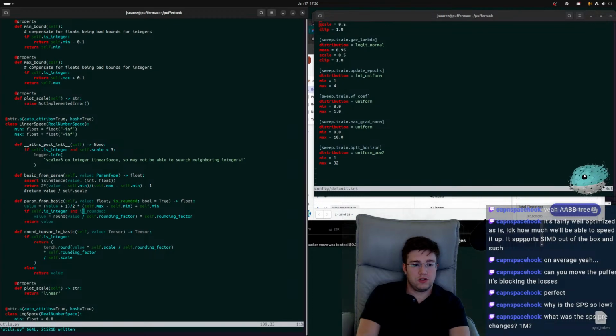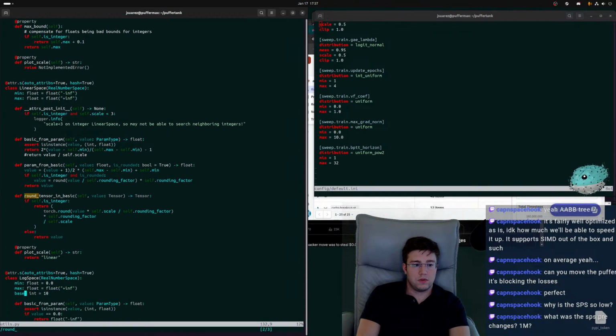If is integer and is rounded. Okay. This rounds. And then they need a round operation in basic, which is kind of weird.